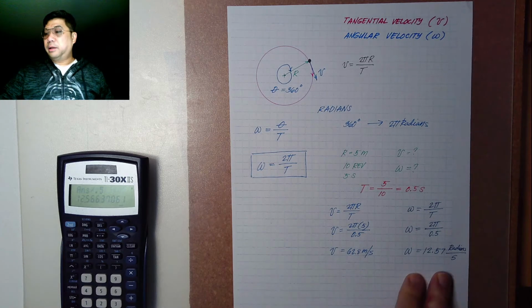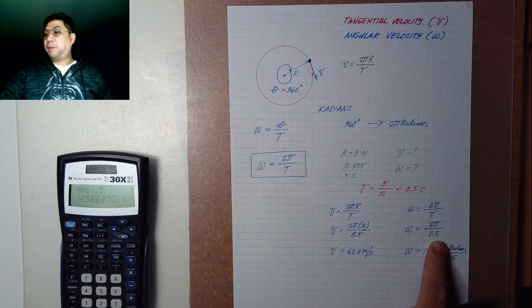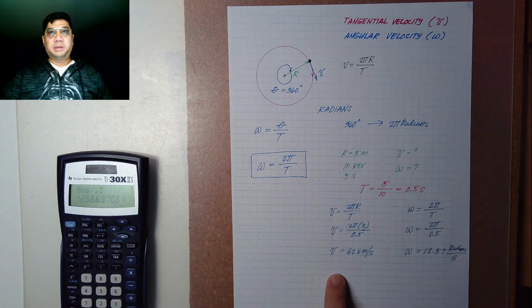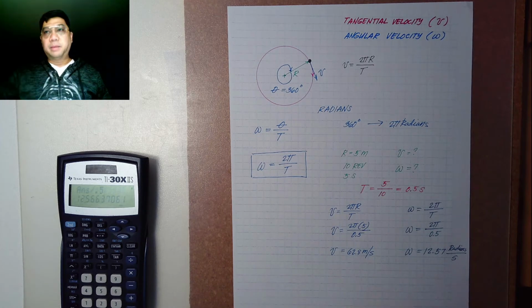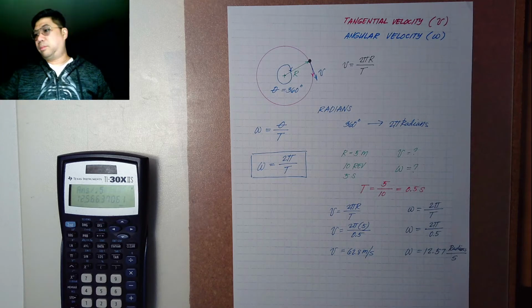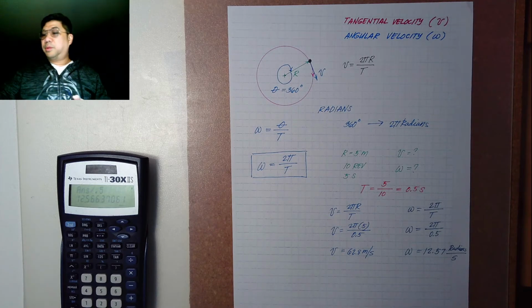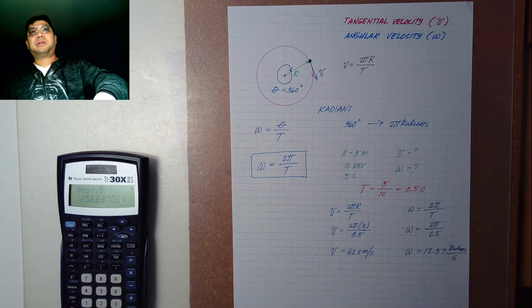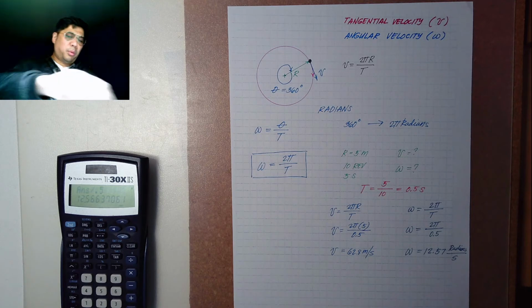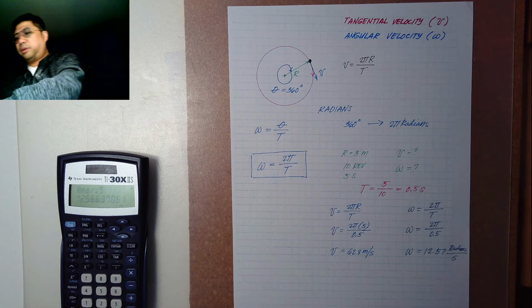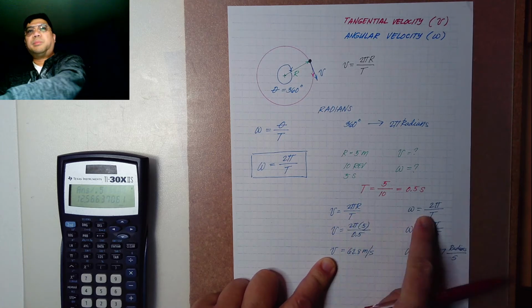So omega is simply 2 pi divided by the period. Velocity is 2 pi times r divided by our period. That's a simple way to calculate omega and tangential velocity v. Or we can also establish a relationship. If you notice, something's missing here compared to this one.